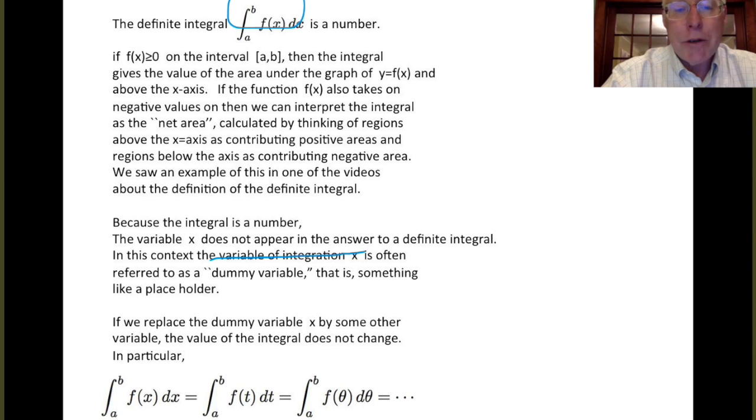If we replace this dummy variable x by some other variable, the value of the integral is not going to change. So we can write integral a to b f of x dx, or integral a to b f of t dt, or integral a to b f of theta d theta, or any other name for the variable. As long as the function f and the interval of integration a to b don't change, these calculations will all give the same number.